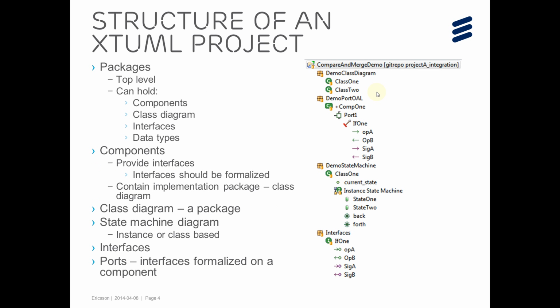So basically, in this term, a package will be a class diagram. Also within the class we can have an instance or a class-based state machine, and interfaces are special model elements as well as ports. So on the right you can see a structure of a typical xtML project which we are going to use in this demonstration.